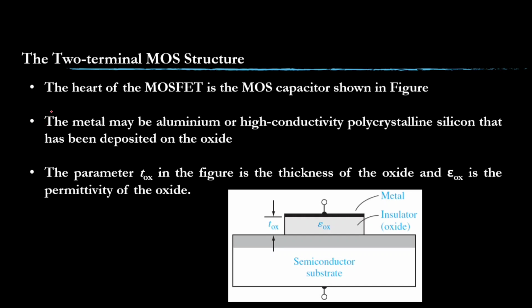Here, as the name suggests, metal oxide semiconductor, there will be a metal, there will be an oxide layer, and there will be a semiconductor layer.